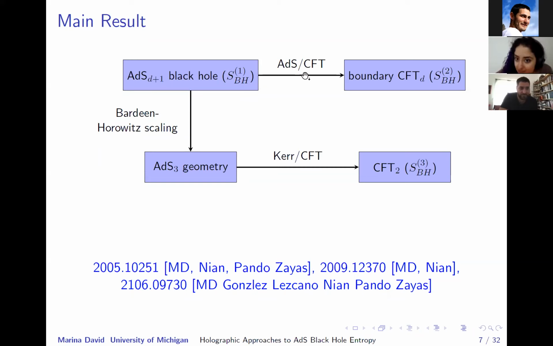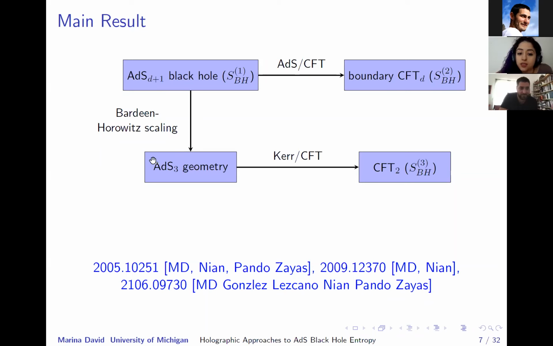we have AdS/CFT, and we can look at the boundary CFT, which has been successful in computing the microscopic entropy. On the other side of gravity, if we go back to gravity and consider the near horizon region, we get an AdS3-like geometry because we have some U(1) fibered over the AdS2, because we have rotating black holes.